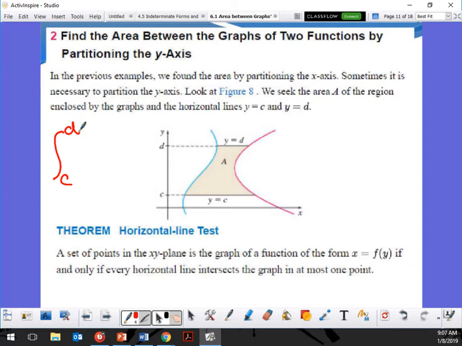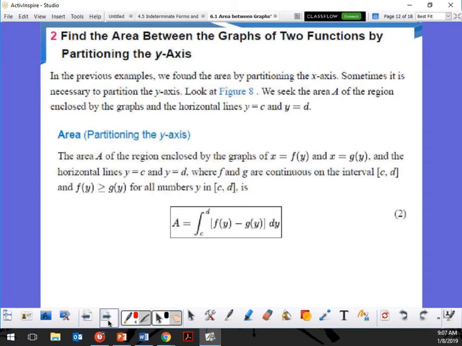So this would be the function of, yeah, it would be the red one, right? So the red one minus this thing right there, right? So that's how I would actually go through and do that, partitioning it that way. So it would be the top minus the bottom.